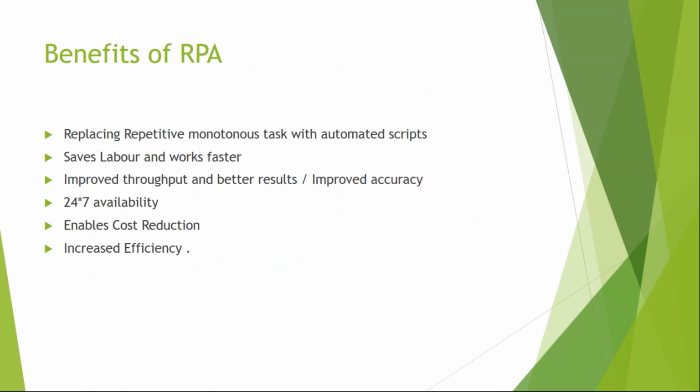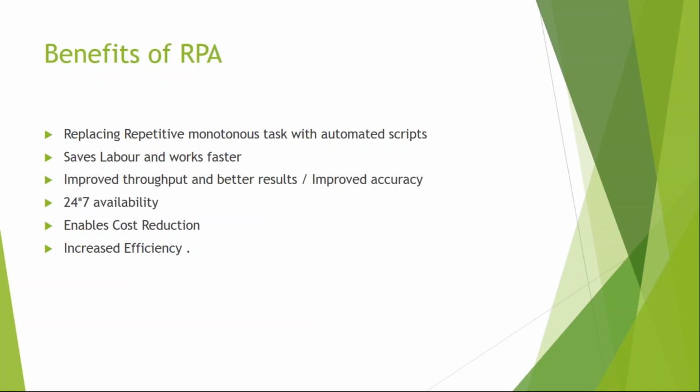When we discuss anything, we first have to discuss its benefits, and only then can we make a choice about why we are using this technology. There are many benefits of RPA. The first benefit is that whatever repetitive, monotonous, or daily task is done in industry, if it can be automated using technology, then it will be a huge cost saving and a huge relief to organizations.